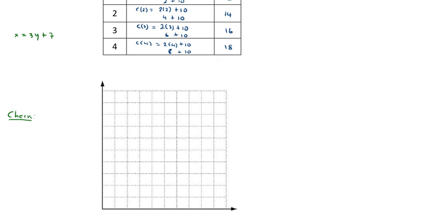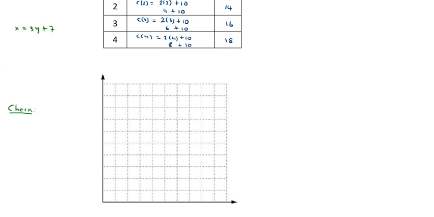To adjust this, you can probably go by twos: 2, 4, 6, 8, 10, 12, 14, 16, 18, 20. So you can go by twos to get to 20. And then on the x-axis, you will go by ones, 1, 2, 3, 4, and so on.